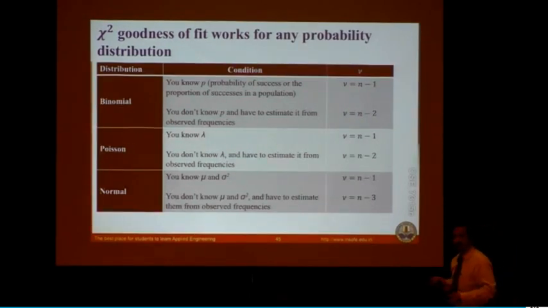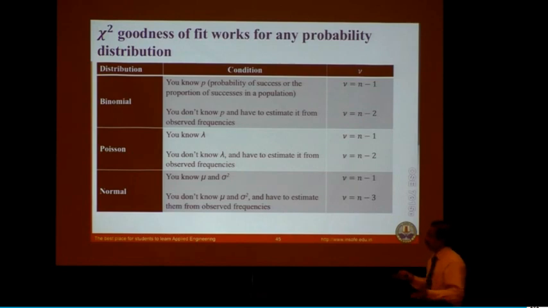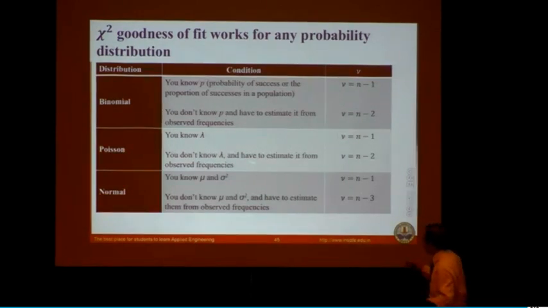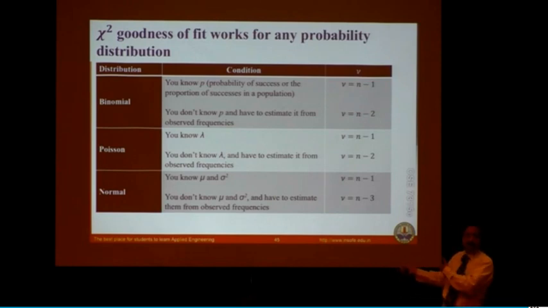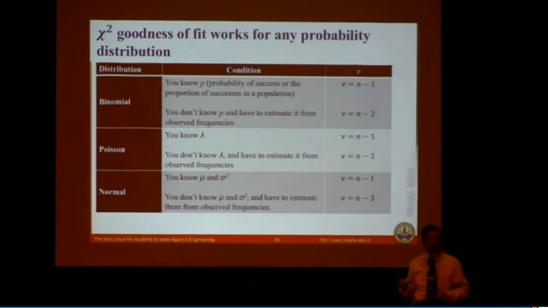In Poisson, what are we supposed to know? Lambda. If you know that, n minus 1. If you don't know that, and this is exactly the problem we will do, I don't know lambda, I have only the sample data. If I am estimating it, I lose another degree of freedom because I am using my sample to restrict something else. So n minus 2. Normal distribution: I am supposed to know the mean and variance.